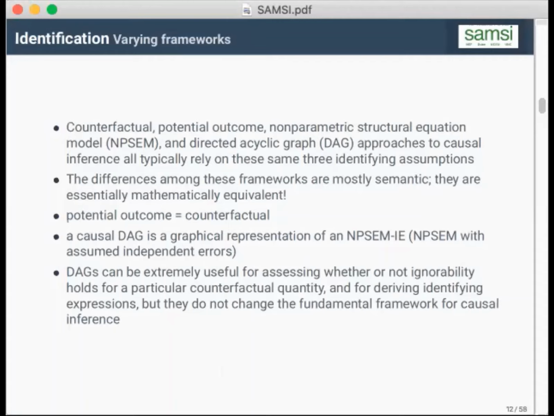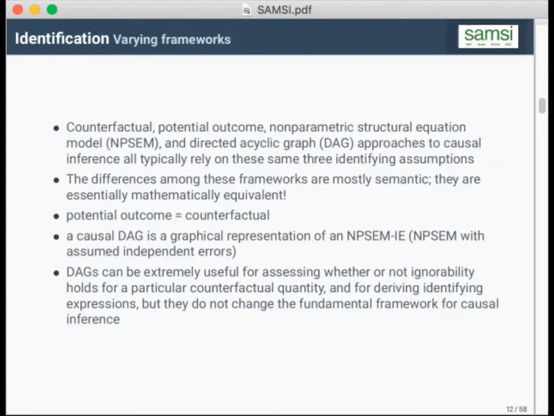So the counterfactual, the potential outcome, the non-parametric structural equation model, or NPSEM, and the causal directed acyclic graph, or DAG, approaches to causal inference all use different terminology and different ways of expressing causal inference and identifying assumptions, but they typically rely on these same three identifying assumptions, at least for basic causal effects. The differences among these frameworks are primarily semantic.